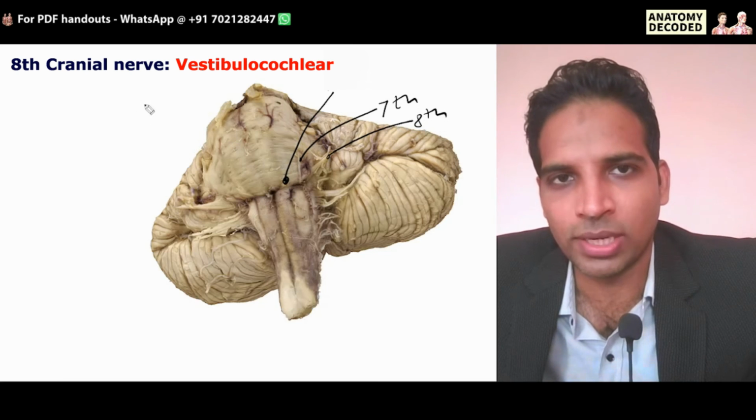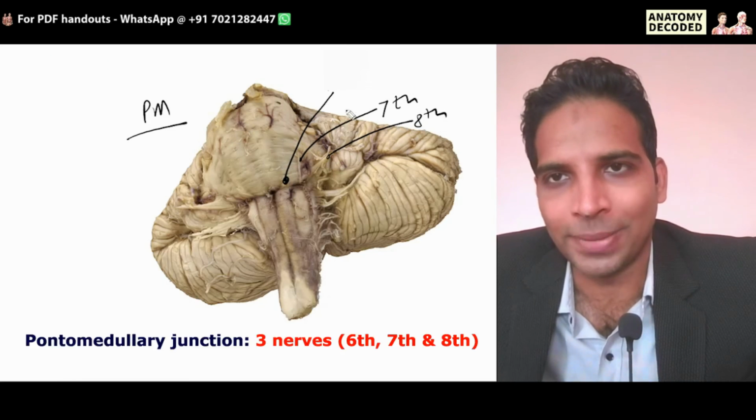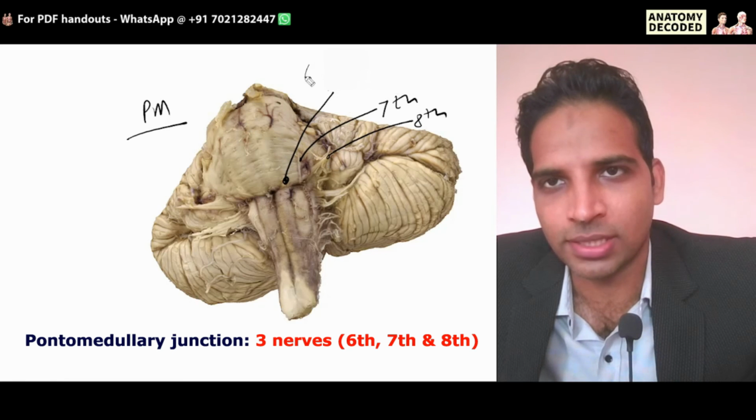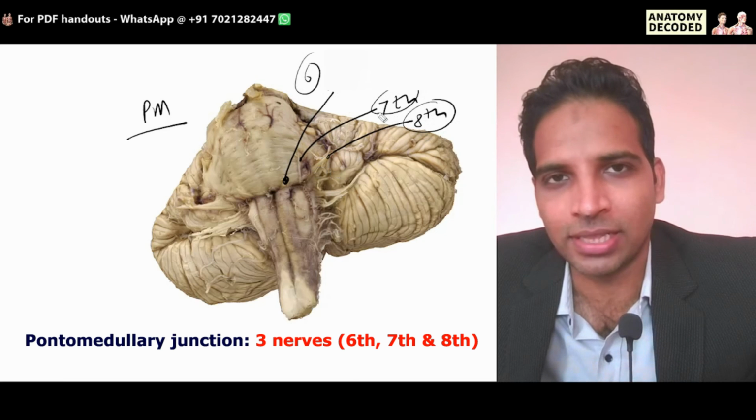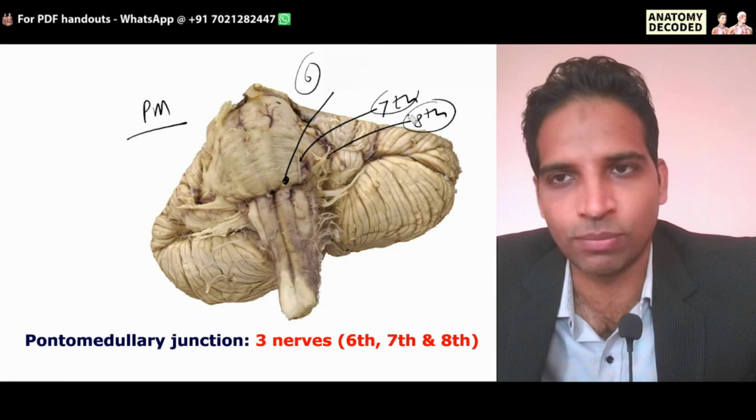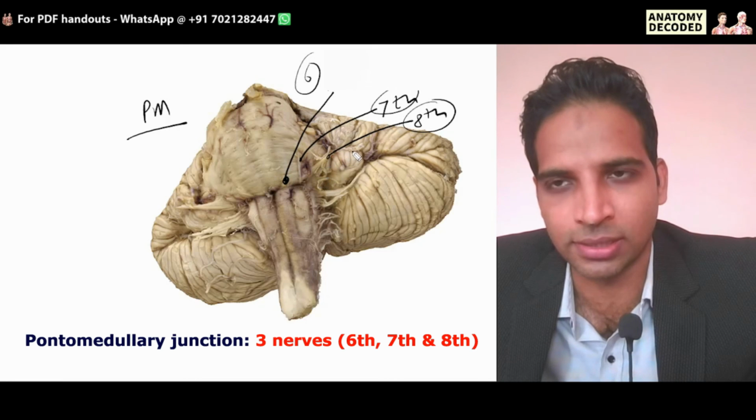So at the pontomedullary junction, the medial aspect is the abducent nerve, the sixth nerve. The lateral aspect is the seventh, the facial nerve. The eighth nerve is the vestibulocochlear nerve. All three nerves are present at the pontomedullary junction.